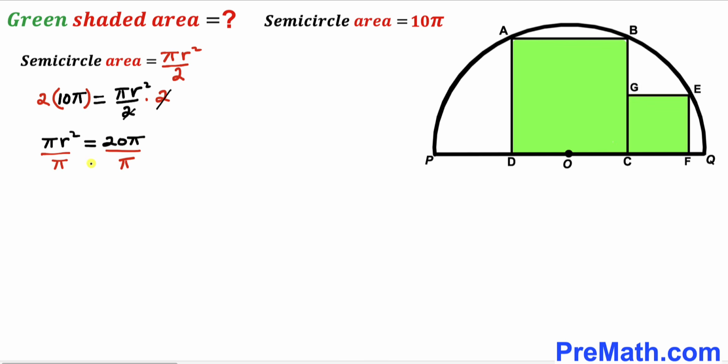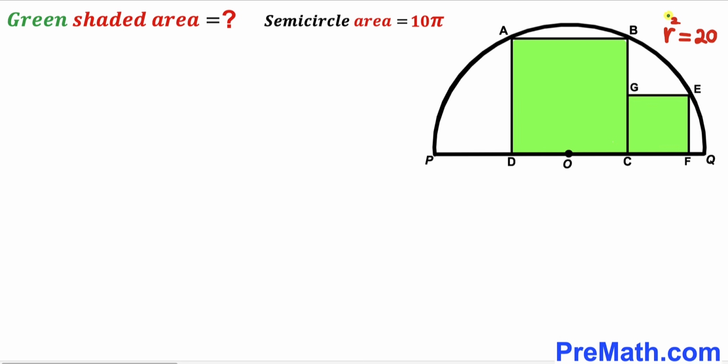Now we are going to divide both sides by pi. Pi and pi are gone, so our r square value turns out to be 20.